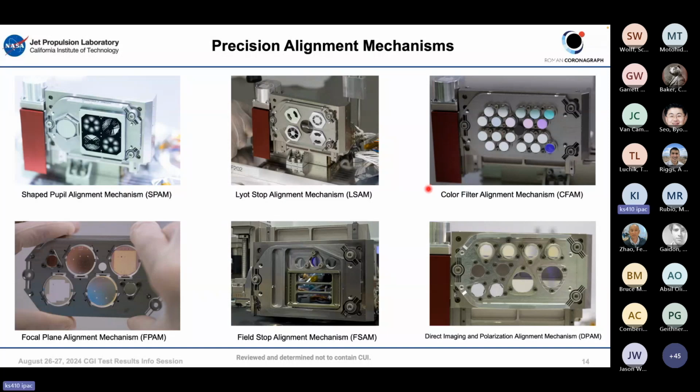You can see on the shaped pupil alignment mechanism the four shaped pupil masks. The fold mirror there is used when we're not doing the shaped pupil mode. The LEO stops here with a through hole in case you don't want to have a LEO stop there.